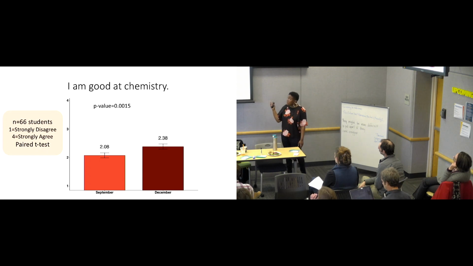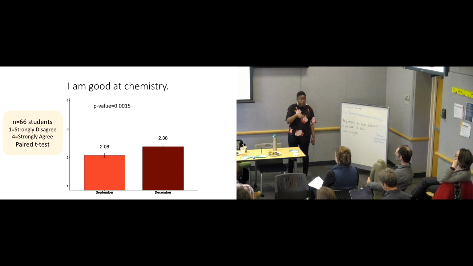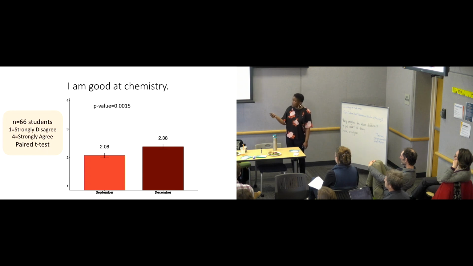One of the items was I am good at chemistry. This is looking at 66 students who responded to both the beginning and end. To orient you, 1 was strongly disagree and 4 was strongly agree. They're starting off fairly low, closer to disagree.